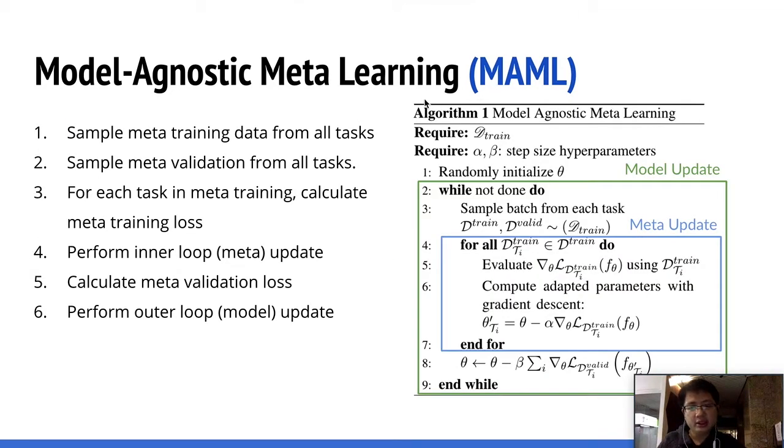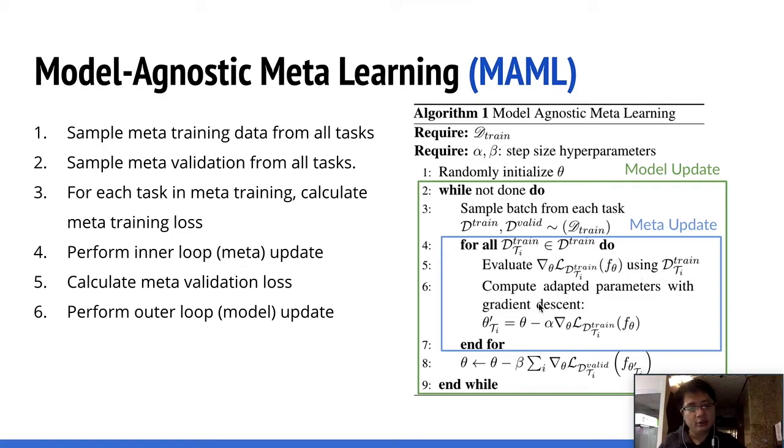So this is the flow of MAML training. It's a little bit more complicated than joint training. In MAML, we start with sampling meta-training and meta-validation data. For each task in meta-training, we will calculate the meta-training loss with the given parameters.